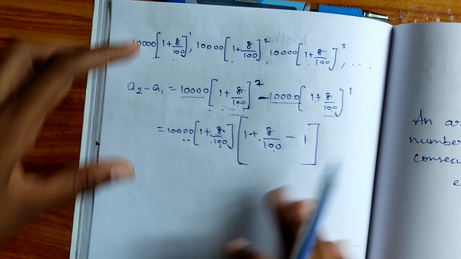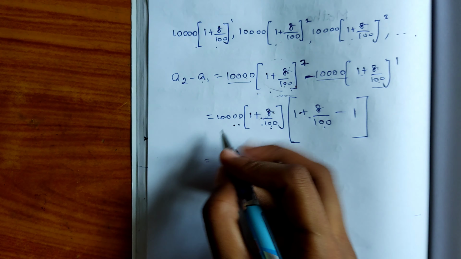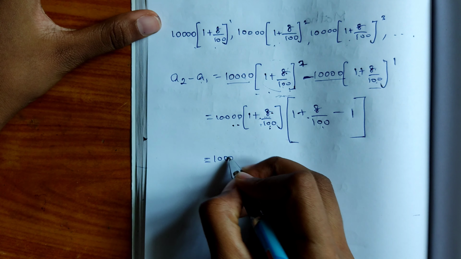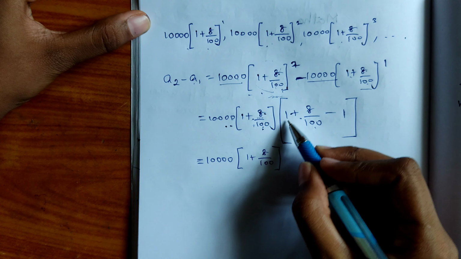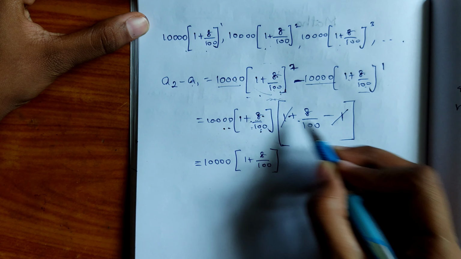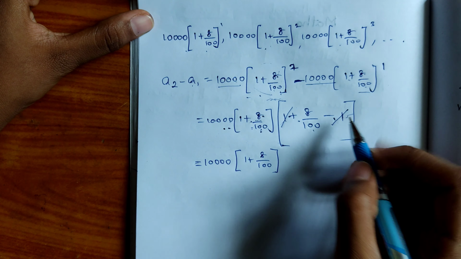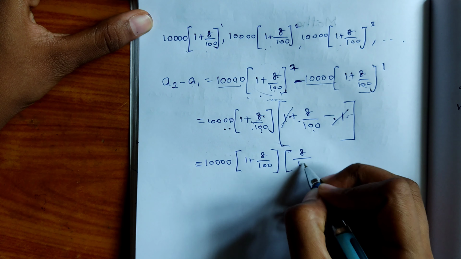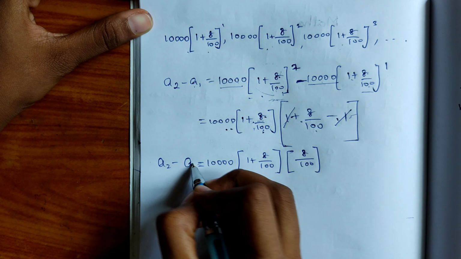So let us simplify this. It is equal to 10,000 into 1 plus 8 by 100, and here 1 minus 1 is 0, so they cancel. So 8 by 100 remains. Let us keep this as A2 minus A1.